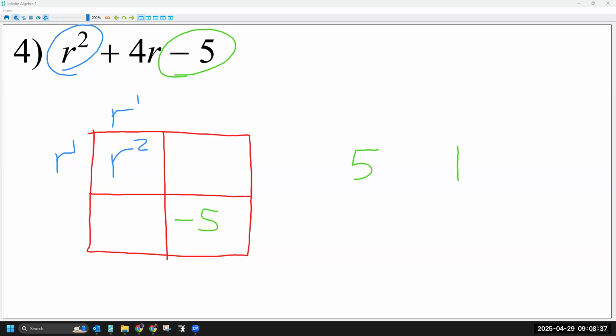Okay. Now it multiplies to make a negative. So one of them has to be a negative, correct? Well, on the last problem, we said that this number was negative, so the bigger number had to be negative. But now that number is positive, right? So that tells us that the bigger number has to be positive. And if the bigger number is positive, the smaller number has to be negative.